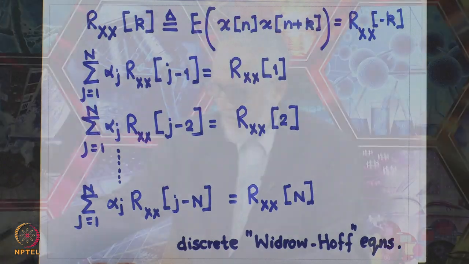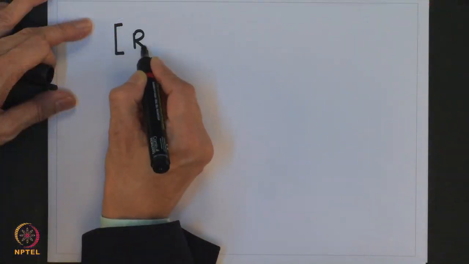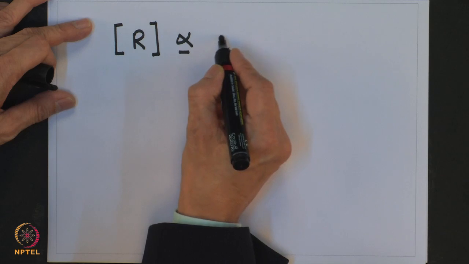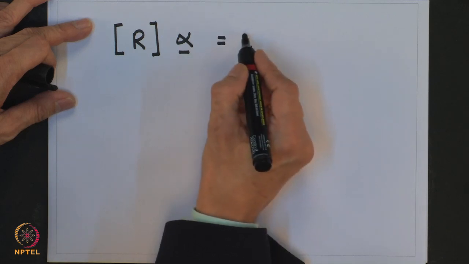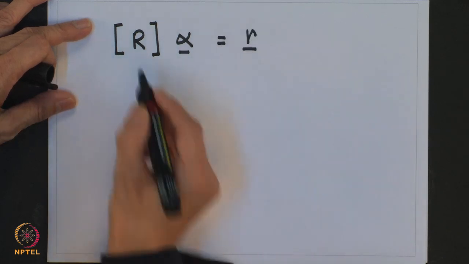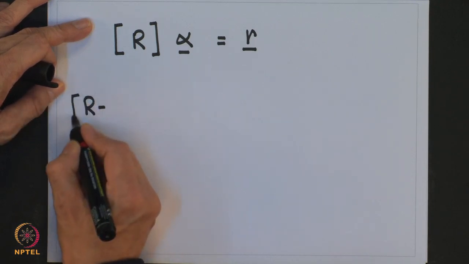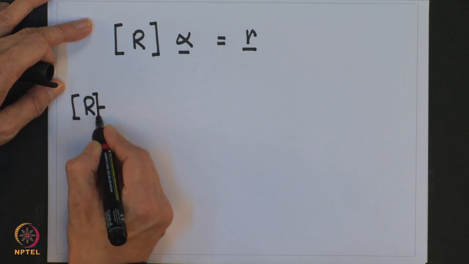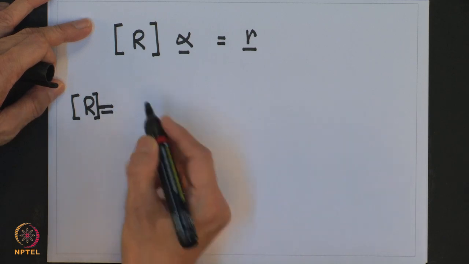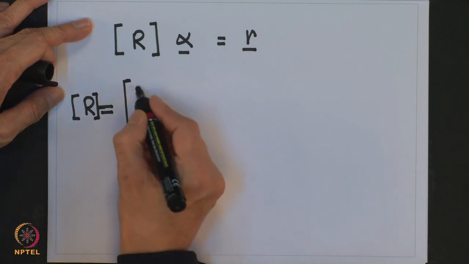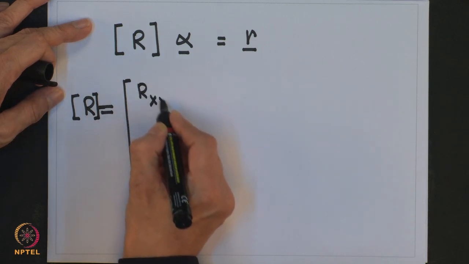We can put it in the matrix form as follows. Where your R matrix is n by n matrix and it is composed of the following elements here.